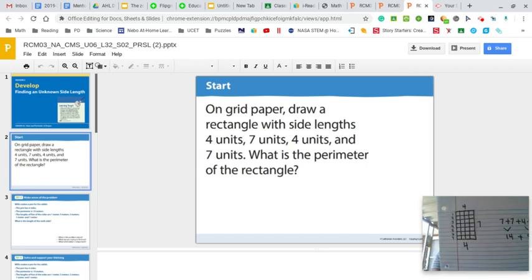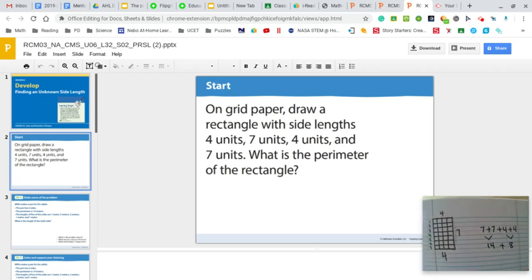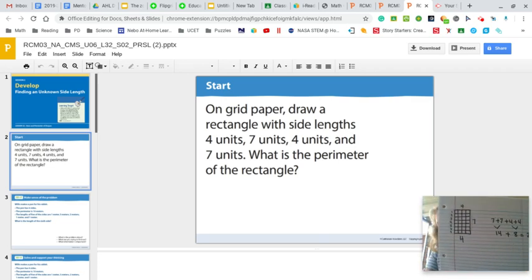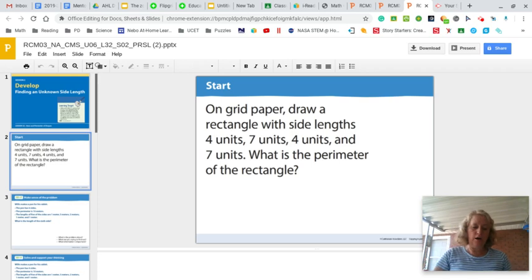So I have 14 plus 8, and 14 plus 8 equals 22. So we have 22. Okay. So our total is 22 what? Our perimeter, P for perimeter, is 22. Okay. So that was just a quick rectangle to remind you a little bit of how to do perimeter.